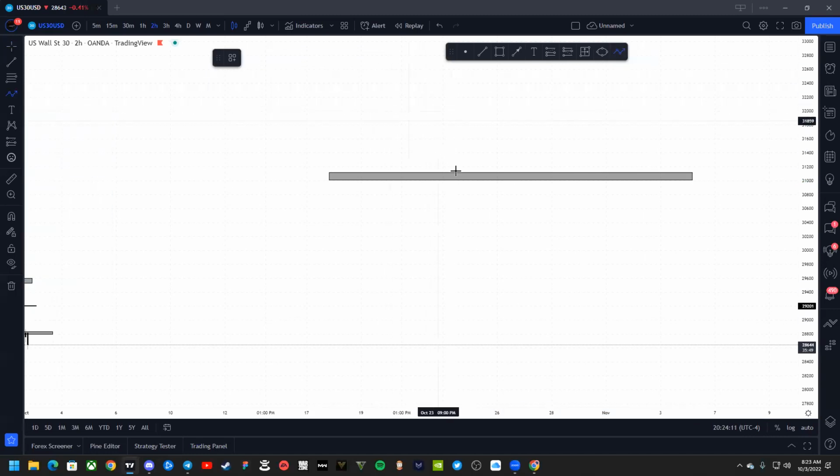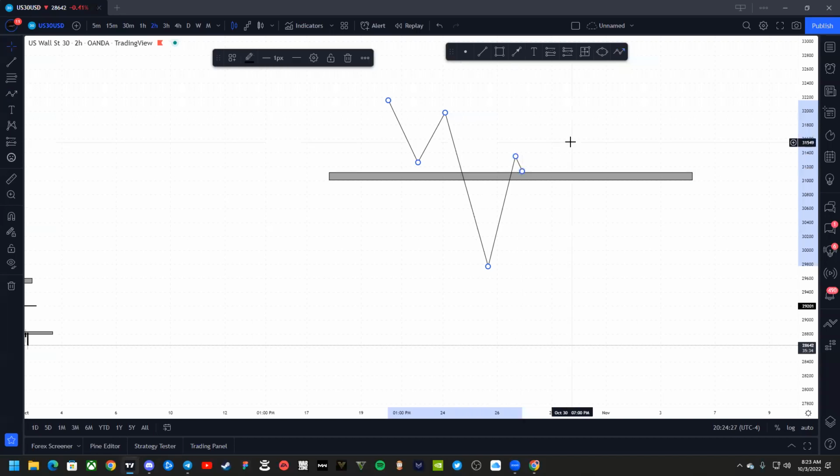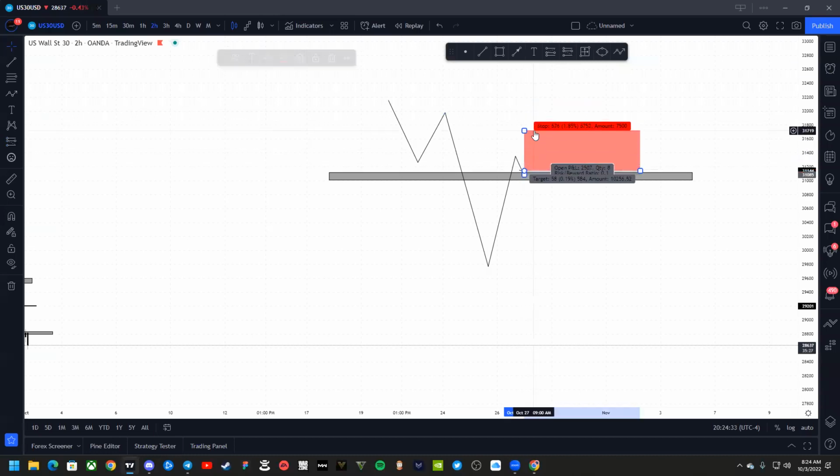So let's say price is on a downtrend and we make a new low in the market. Let's say we make a new low down here and we didn't take sales from when price broke the low. You'll be looking for price to pull back, and you'll be taking sales back below here, around this level here. Stop loss, however you want to put your stop loss.